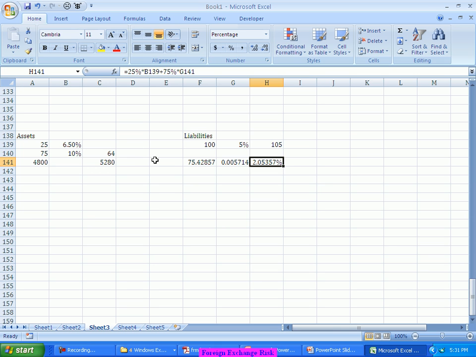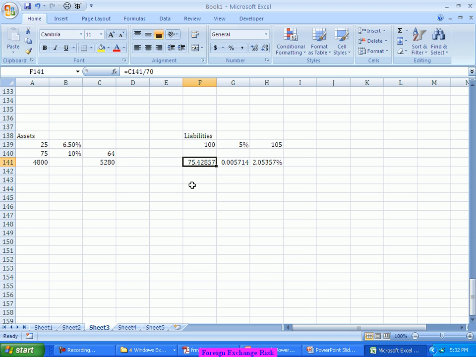See, because my $75 million which I have invested translated into 4,800 million rupees. After 1 year, it is going to fetch me 5,280 million rupees. At the rate of 70 rupees a dollar, converting it back to dollars comes out to $75.42 million. So I invested $75 million and it has become $75.42 million.